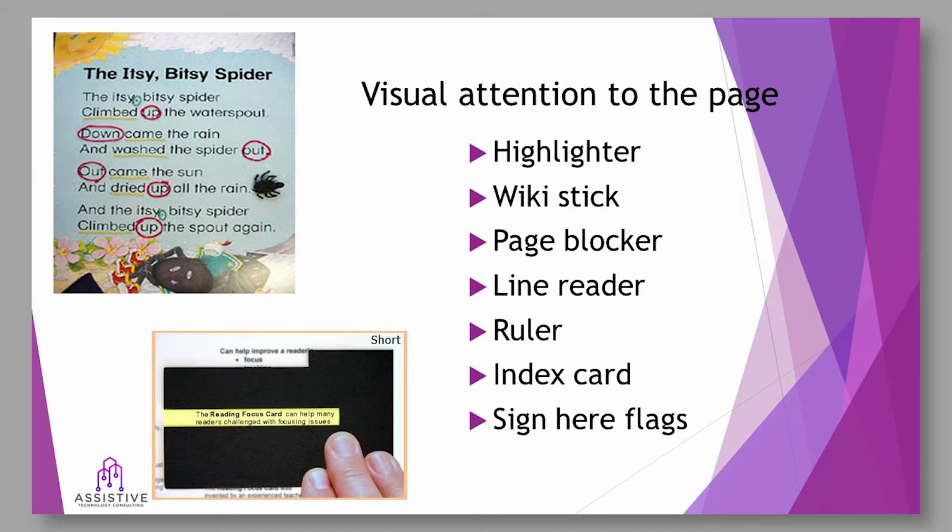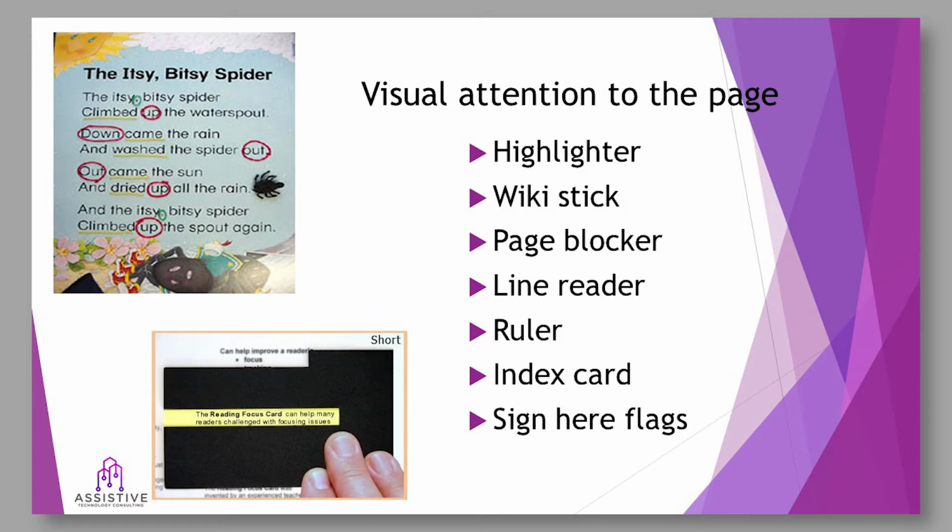It's literally a waxy stick. There are page blockers, such as the one that you see down here, right? There are line readers, which are very similar to this, except it's just a line. A ruler works, an index card works, a sign here flag works, Post-it notes work, right? So these are all ways that we can change the way a student is looking at a page.